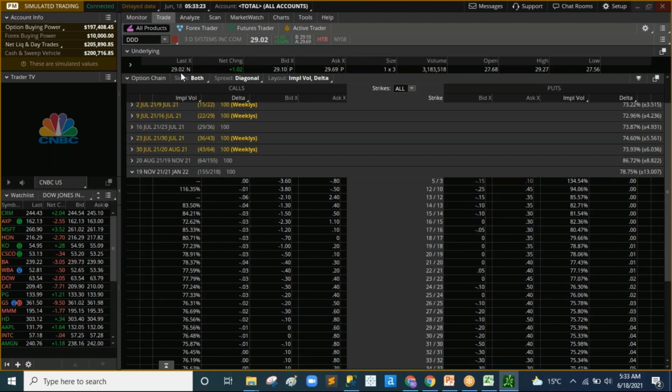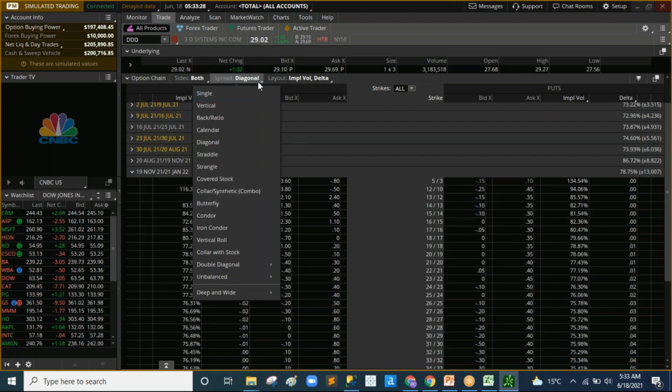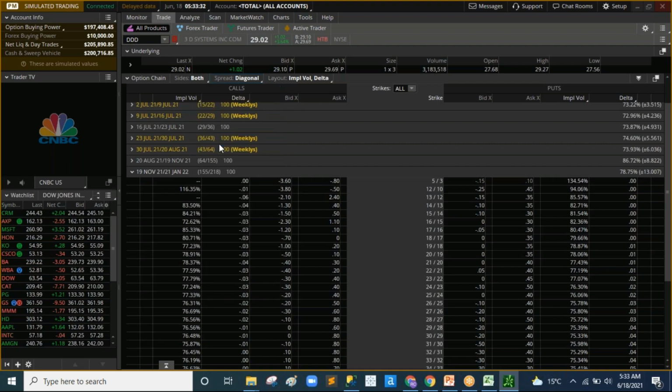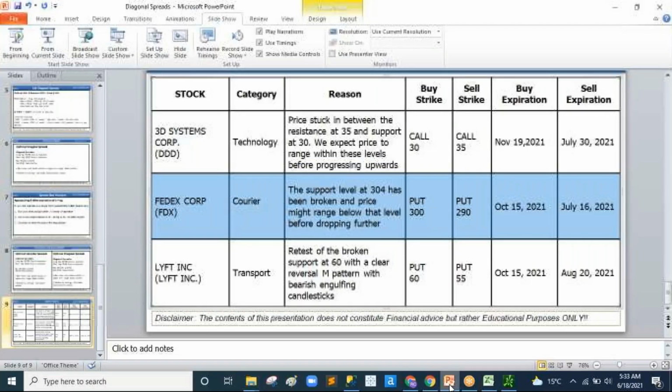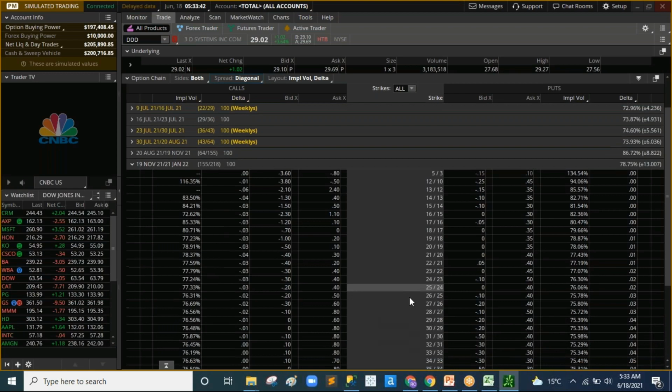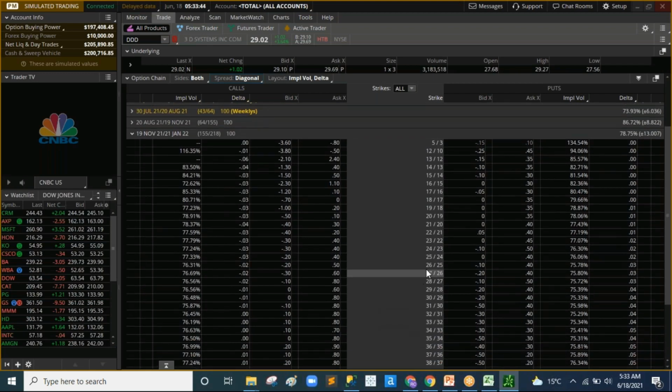Actually it's supposed to be vertical, but I did diagonal earlier. We need to change it from diagonal to single. Then we are looking at a price of 30.35. The best you can get is this one, but we'll just adjust it.